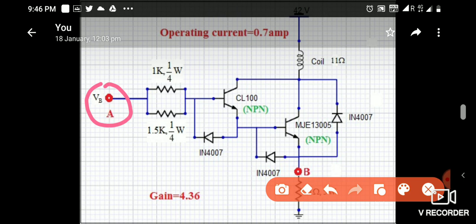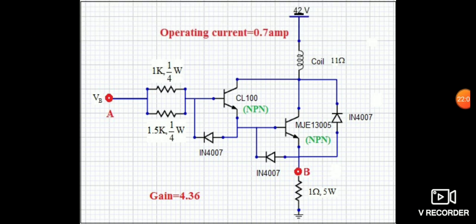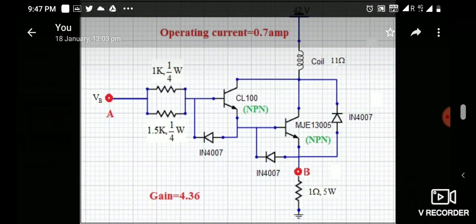That pin is connected with this. Now you see the coil is connected here with 42 volt. You can see the 42 volt connection is there.